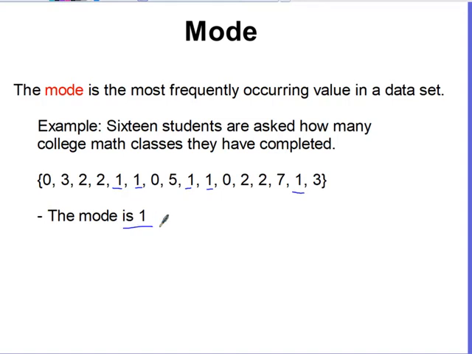When calculating the mode, it's okay to have no mode, so no number repeats itself at all, or it's possible to have 2 or more modes. Maybe not only 1 class, but the 2s tied it, so 1 and 2 would both be the modes.